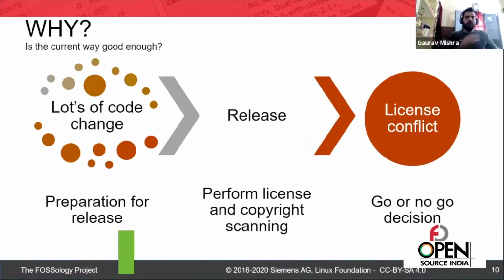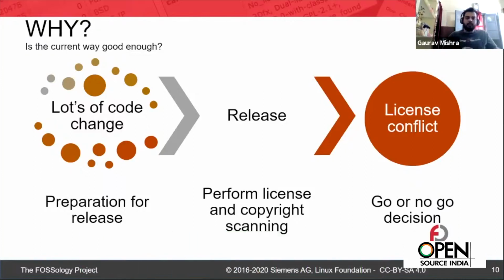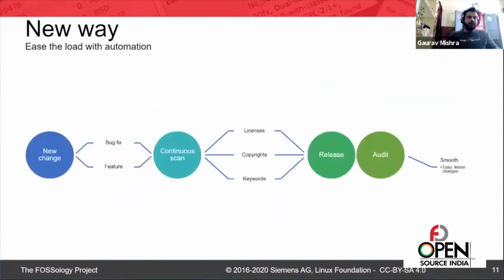So you have to go back to your drawing board again, change the dependencies, find a new dependency, or maybe even end up writing your own library just because of the time constraint, you could not find a proper dependency replacement. So we try to change it by introducing a term we call continuous scan. Most of the modern projects utilize the power of continuous integration, CI.